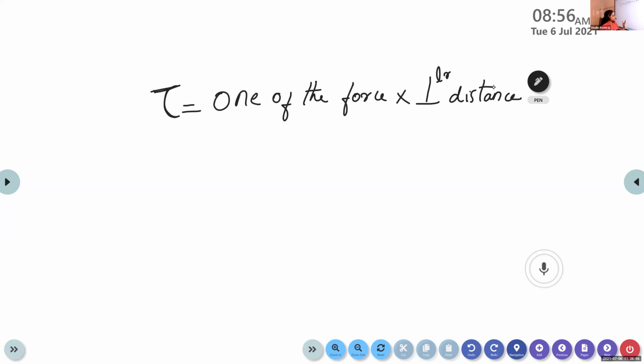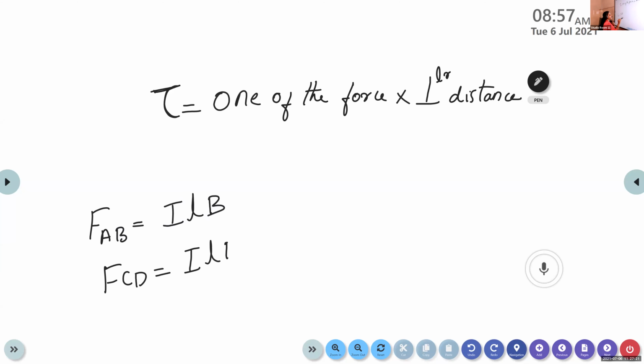Why do we consider the term any one of the force? Because it is a rectangular loop. Here the force is acting on two sides. What is the force acting on the side AB? It is equal to ILB. Similarly, the force acting on the side CD is also ILB.